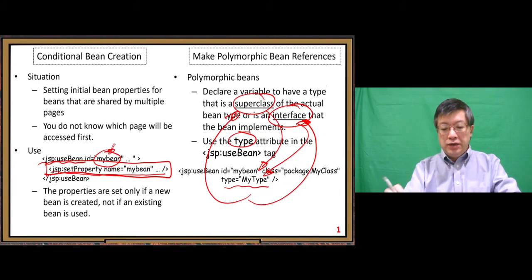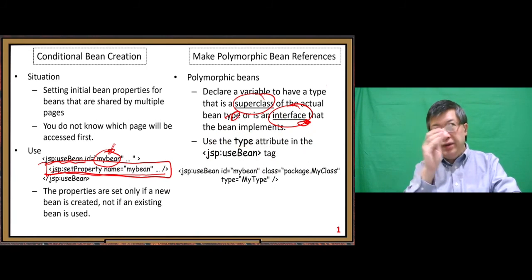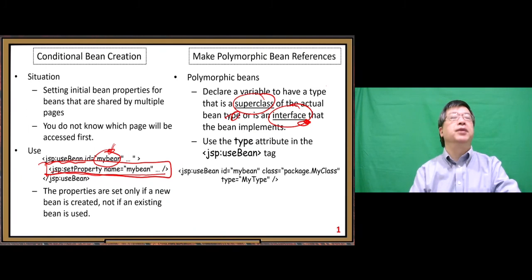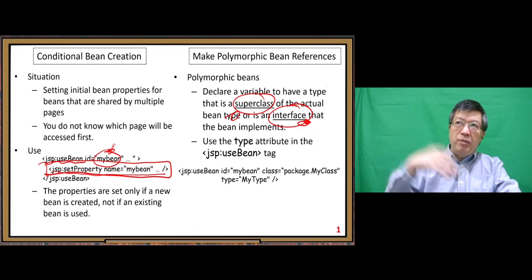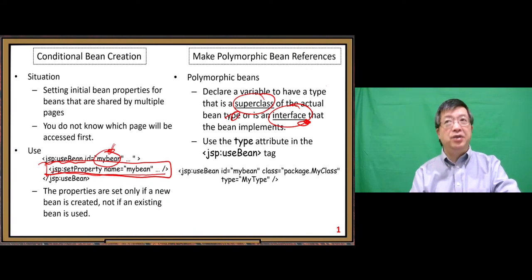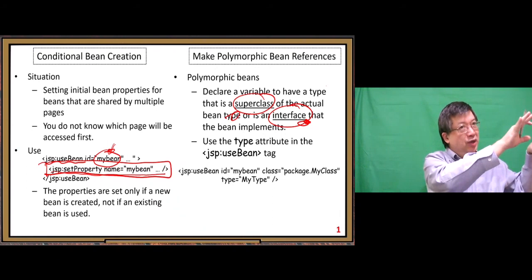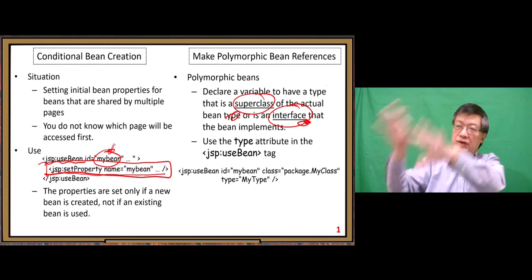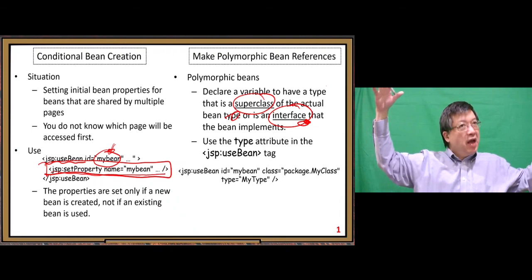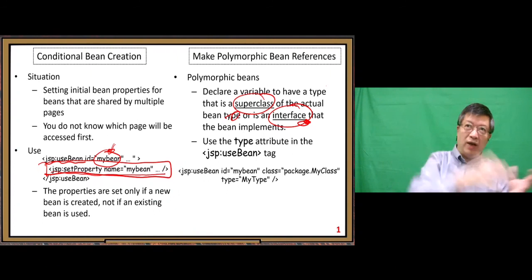So that is the way we can do polymorphism. Polymorphic beans. And how to use polymorphic beans, I think, if you have the polymorphism background, you know how to use them. So now you have a sequence of beans. Some belong to the superclass, some belong to the subclass, but you can use them, for example, in a for loop.